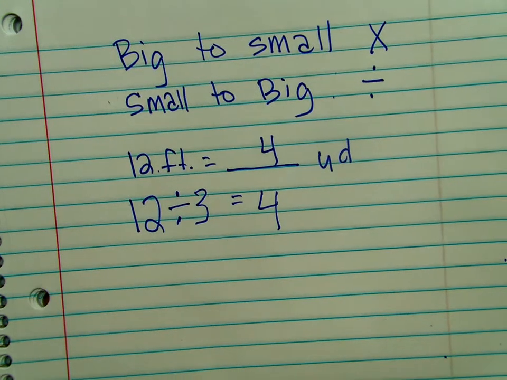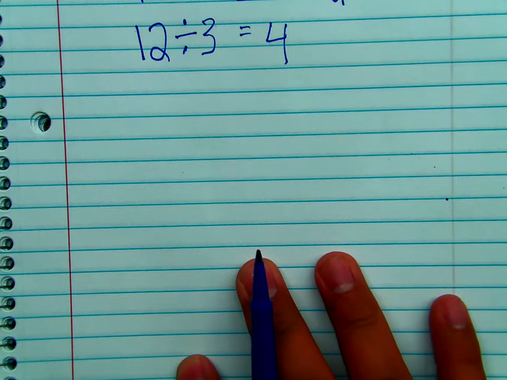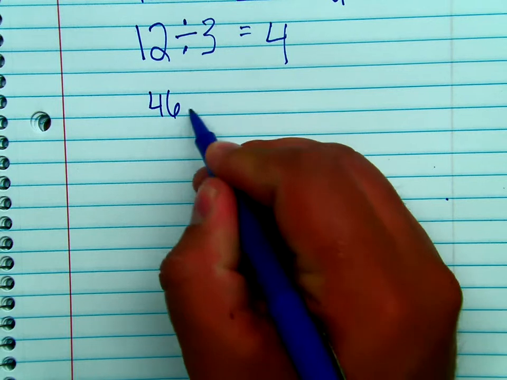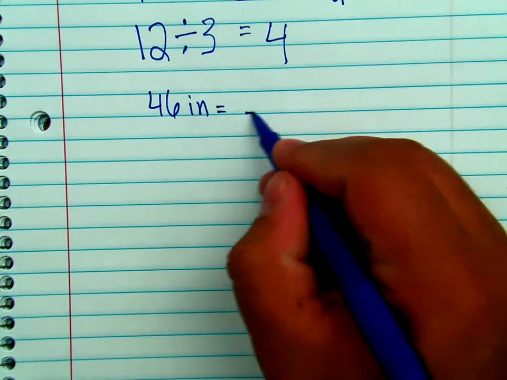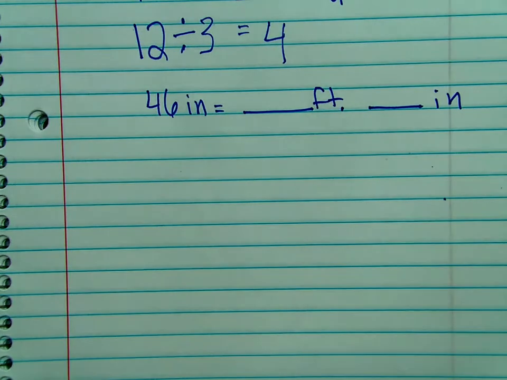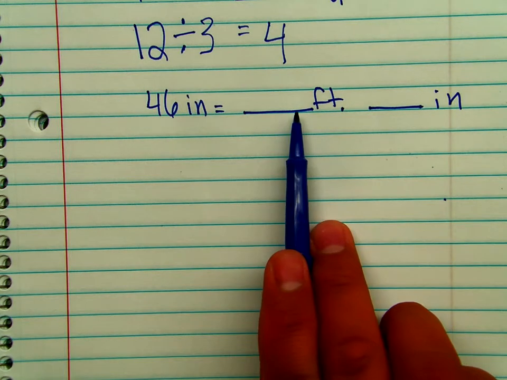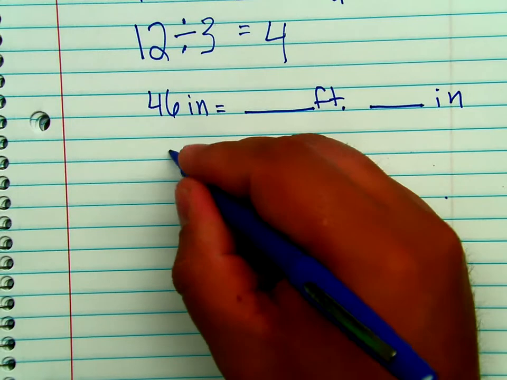Fairly simple, right? Okay, let's try one a little bit harder. Let's do 46 inches equals how many feet and how many inches? Well, I know that inches are smaller than feet, so I'm going from small to big, so I will be dividing.